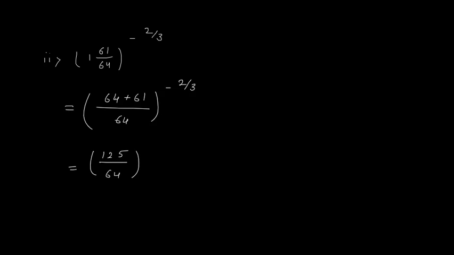Now this 161 upon 64 means 64 ones are 64 plus 61, whole divided by 64, whole power minus 2 by 3. Now 64 plus 61: 4 plus 1 is 5, 6 plus 6 is 12, so it is 125 divided by 64, whole power minus 2 divided by 3.